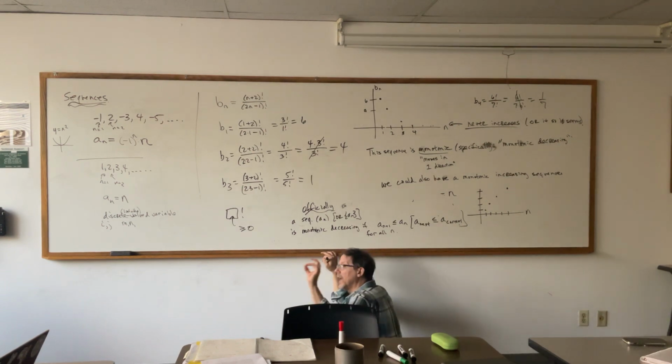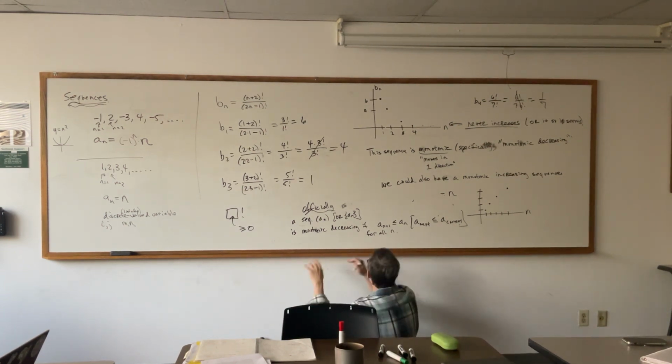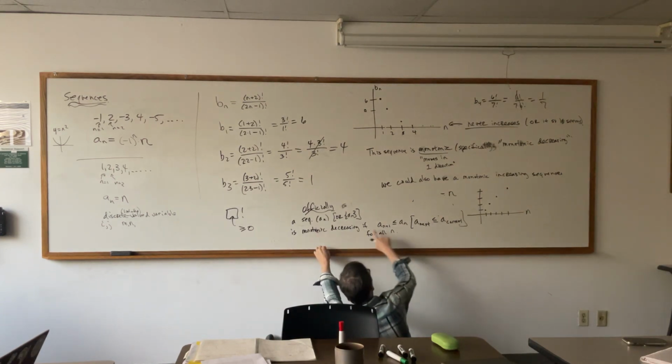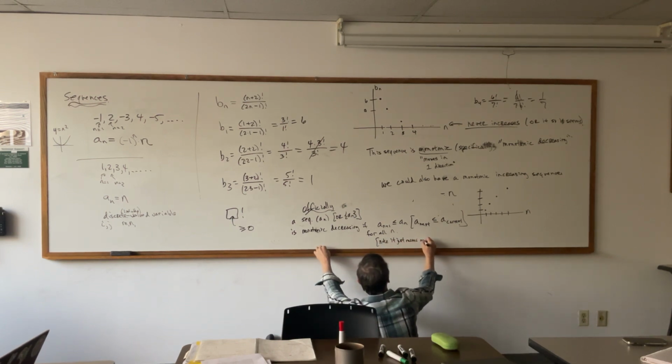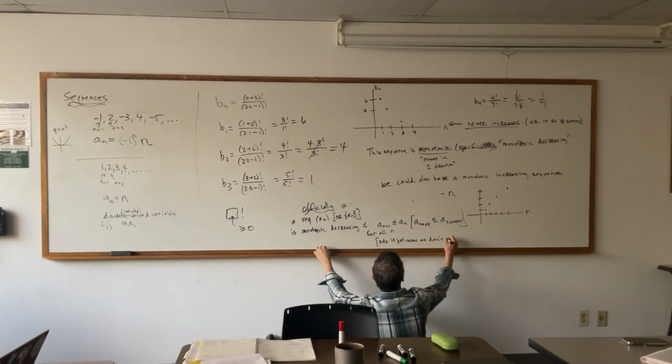So monotonic decreasing actually allows it to be constant sometimes. That's a great question. Monotonic decreasing just means we don't go up, but can stay constant.